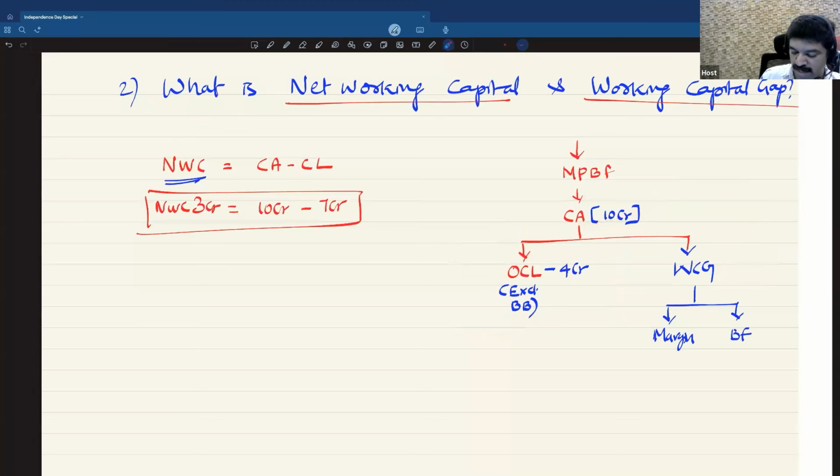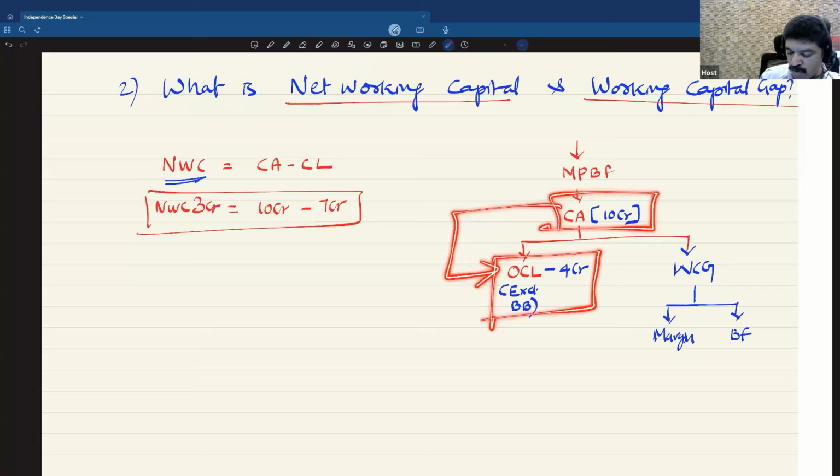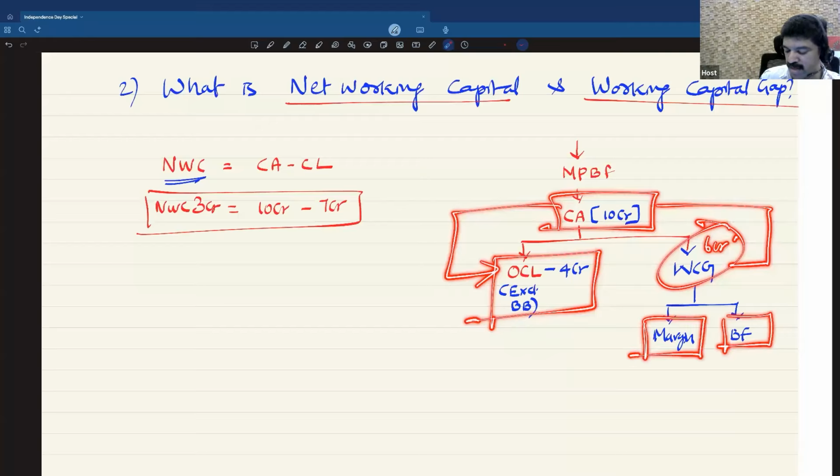I can build 10 crore with the support of this 4 crore, so I will require further support of 6 crore, and that's what we call working capital gap. This working capital gap can be funded by bank finance and by margin. Let's say the business owner is bringing a margin of 2.5 crore. Then the remaining 3.5 crore will be the eligible bank finance.